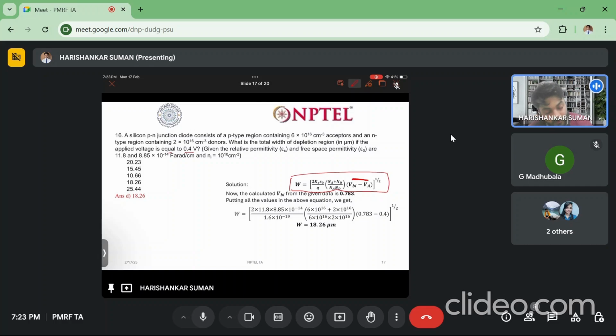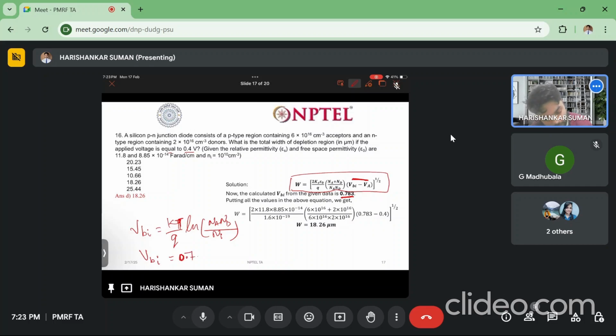So you can first calculate VBI equals KT by Q ln of NA ND upon ni square. We have already calculated it, so you can calculate it by yourself.